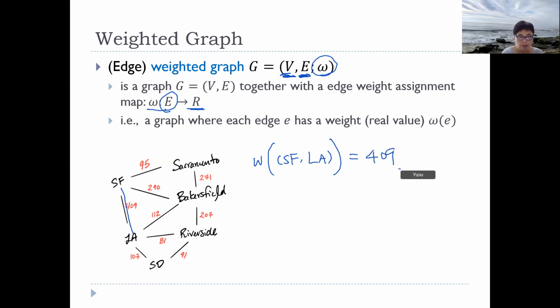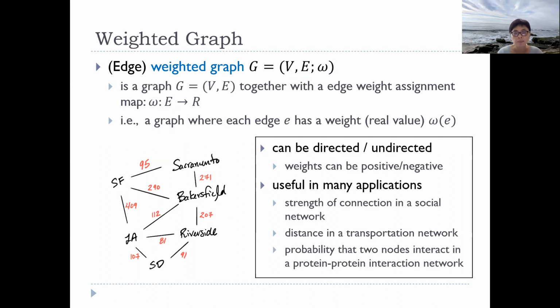So every edge has a weight, that's it. An edge-weighted graph has three inputs: a node set, an edge set, and a weight for every edge. And of course, the graph can still be directed or undirected. Also importantly, the weights can be both positive and negative. They don't have to be always positive, depending on the applications.